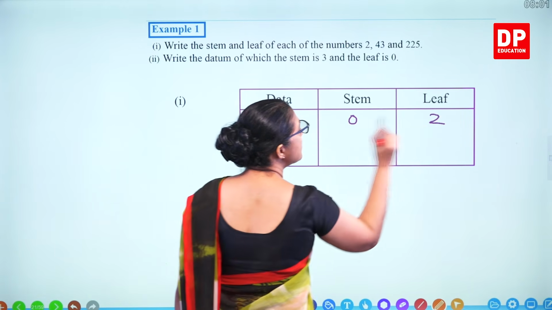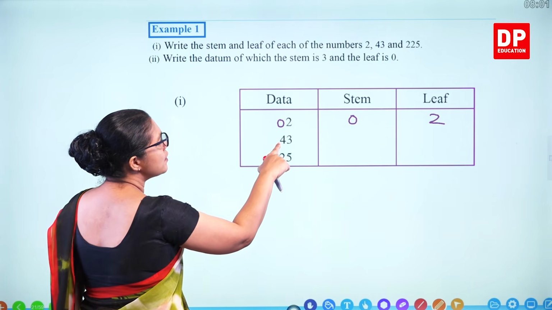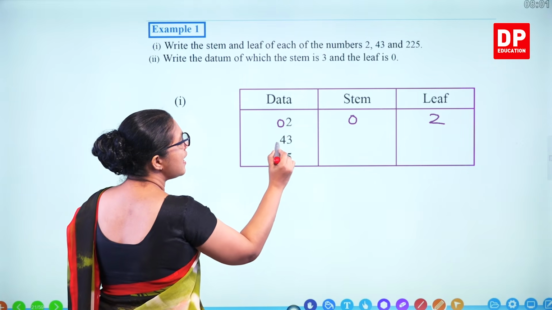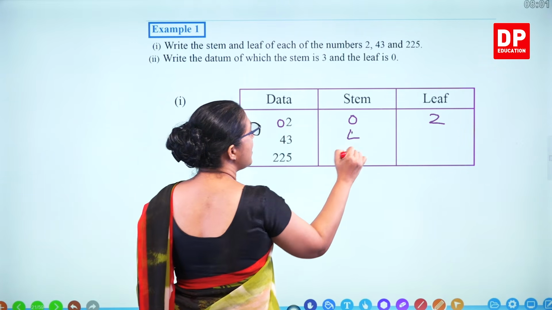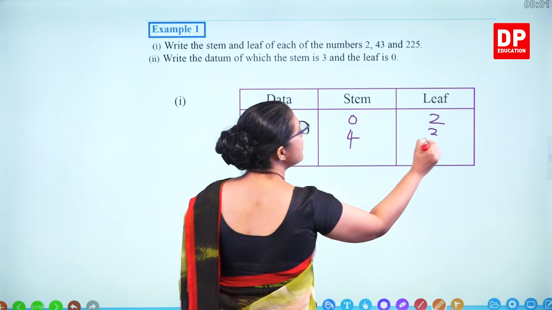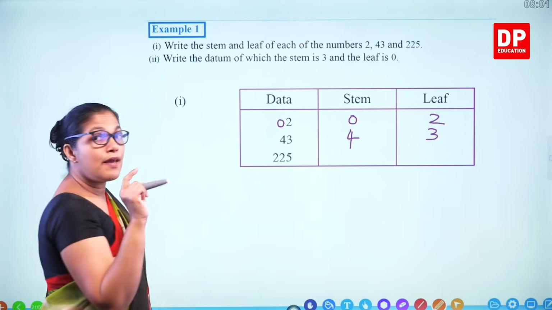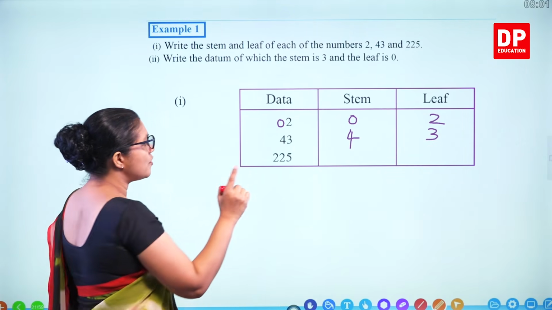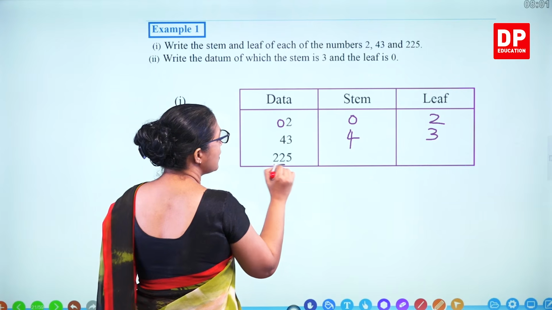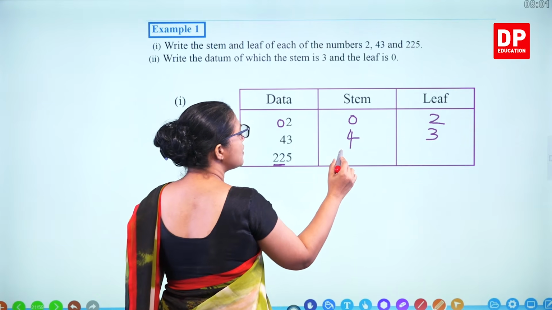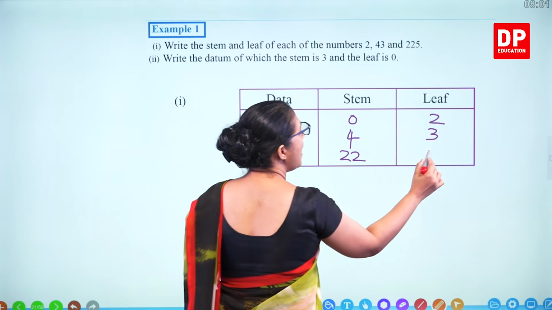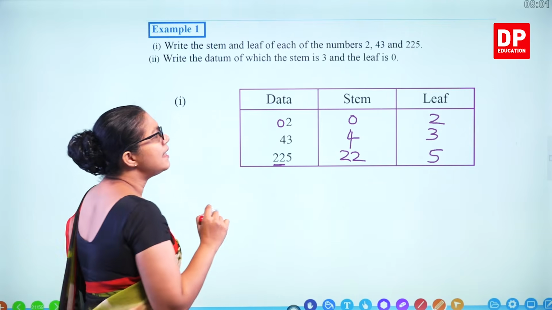And the leaf is 2. If it's 43, you can take the tens place number as the stem and 3 as the leaf. If this is 3-digit numbers, you can take first 2, tens place and hundreds place value as the stem and 5 as the leaf value.